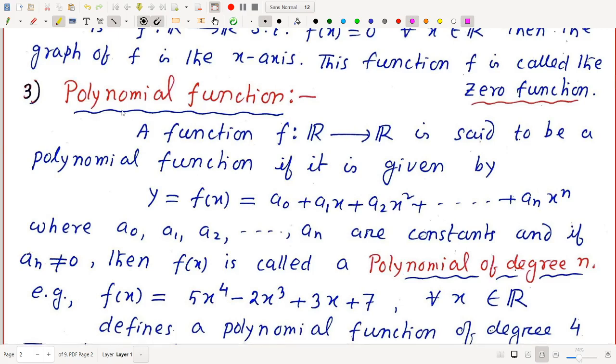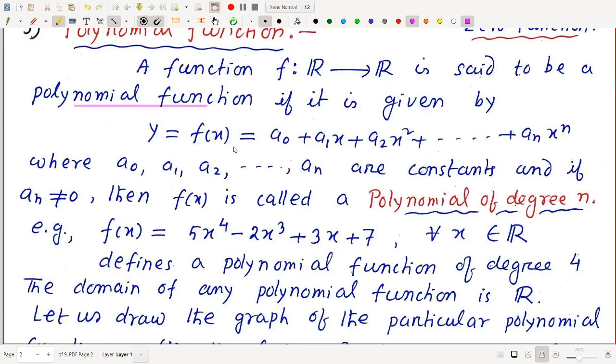Number 3 function we are considering is polynomial function. A function f from R to R, set of real numbers to set of real numbers, is said to be a polynomial function if it is given by y equal to f(x) equal to a0 plus a1x plus a2x square plus a3x cubed dot dot dot an x to the power n, where a0, a1, a2, a3 dot dot dot an are constants, that is the real numbers in our case.